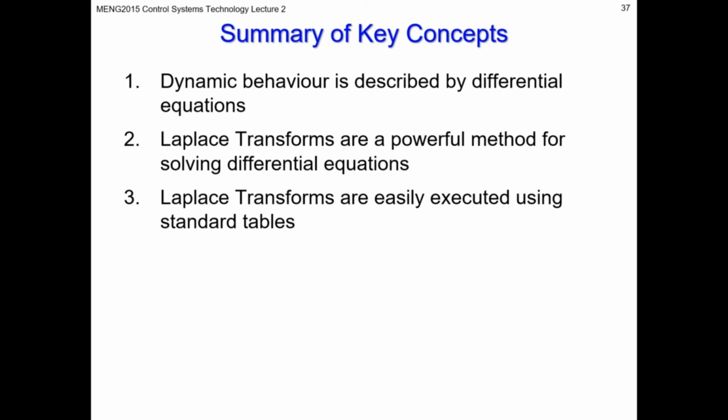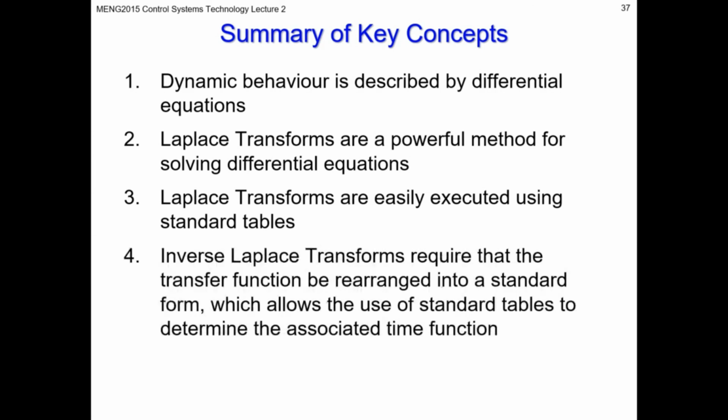That's another reason why it's much better to put it into the Laplace form, because then we're able to solve it together as an algebraic expression, regardless of the different physics domains that we're dealing with.